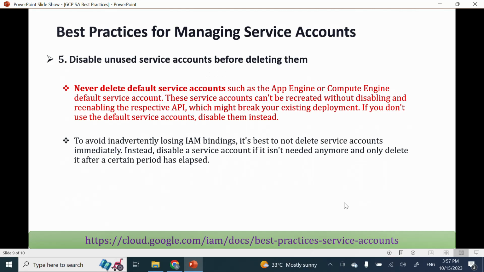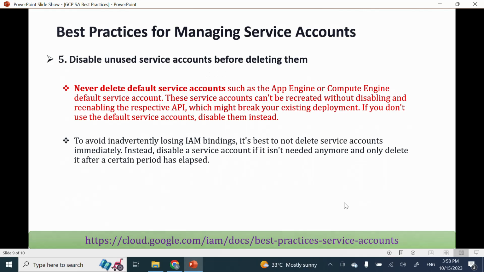Disable unused service accounts before deleting them. This is good practice. If you have identified a service account that you want to delete, first disable it. Service accounts such as the App Engine or Compute Engine default service account can't be recreated without disabling and re-enabling the respective API, which might break your existing deployment.